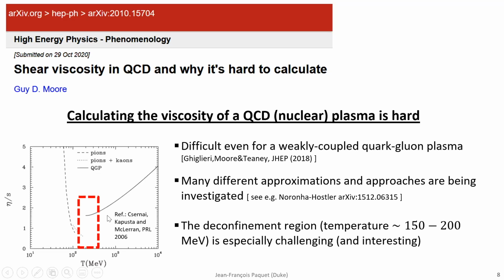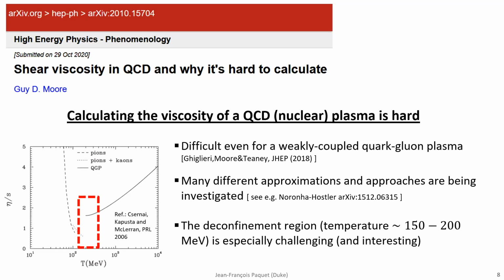Now, the region of temperature that we have access to in heavy ion collisions is closer to here. It's around 150, 200, 300, 400 MeV. And it's a very interesting region because that's where we have deconfinement from hadronic degrees of freedom to colored degrees of freedom, either quarks or gluons, or just think of it as a colored plasma, a strongly coupled deconfined plasma.